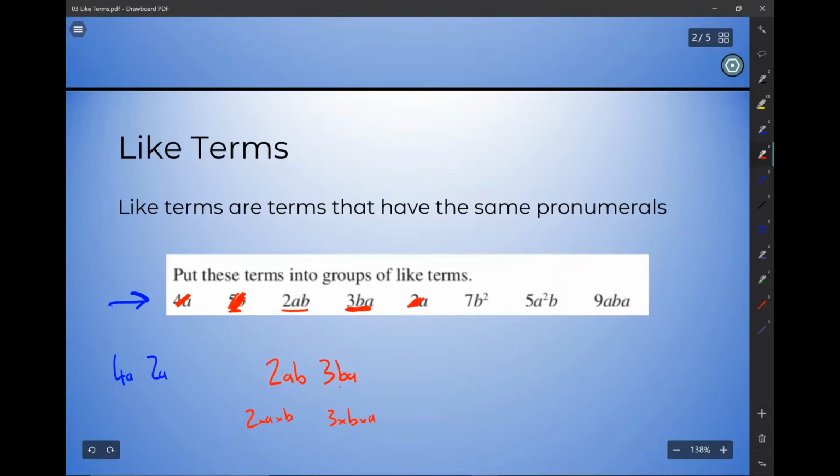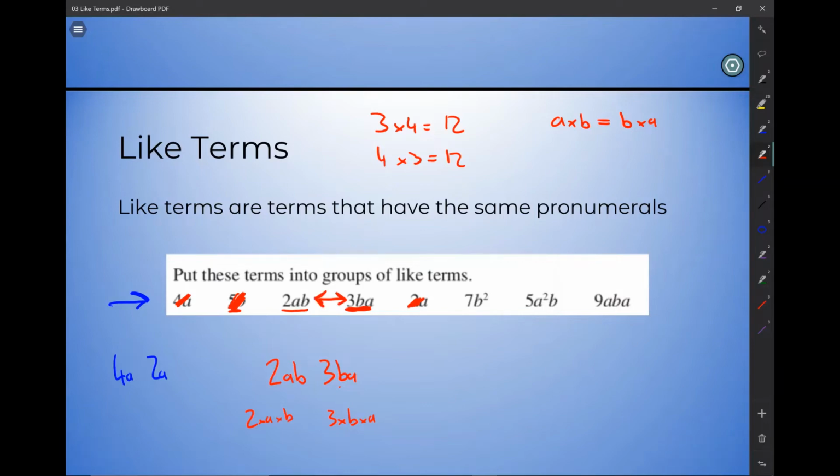And what do we remember from BIDMAS and our orders of operations work that we started the year with? The order that we multiply things together in does not matter. So that means a times b is the same as b times a. Therefore, these terms have the same letters and are like terms.